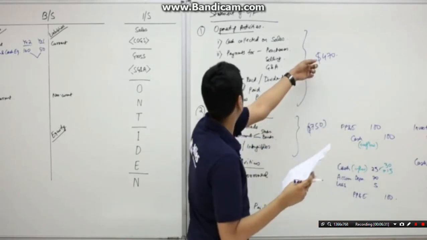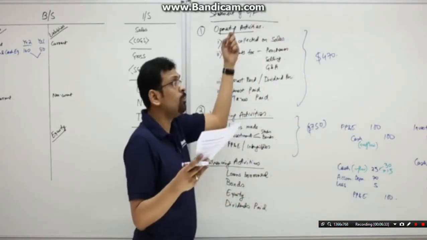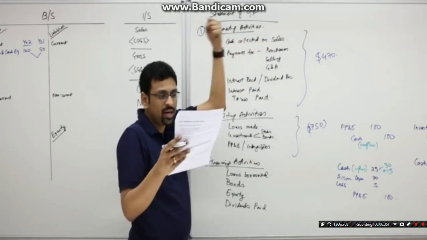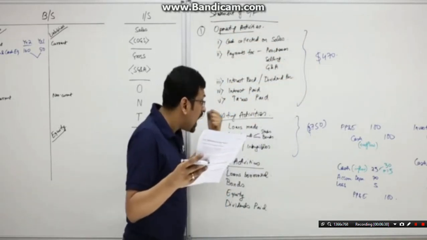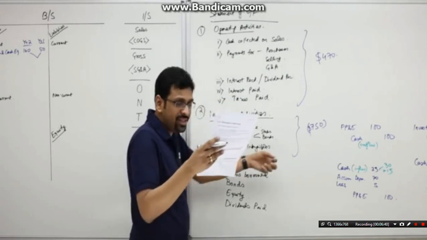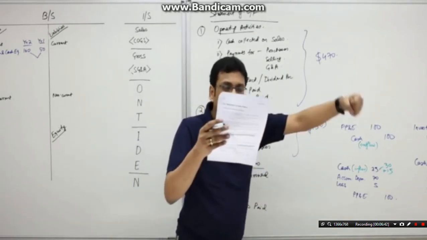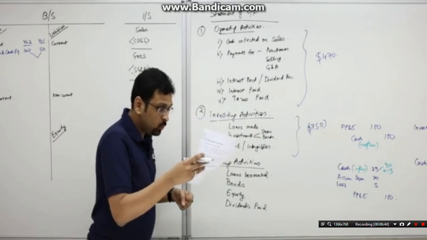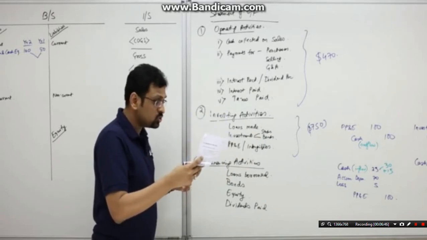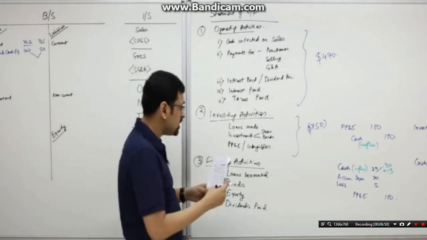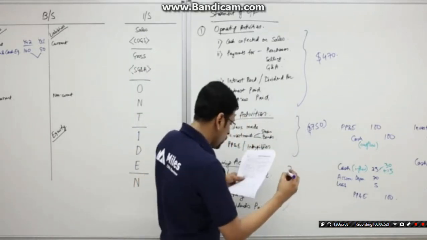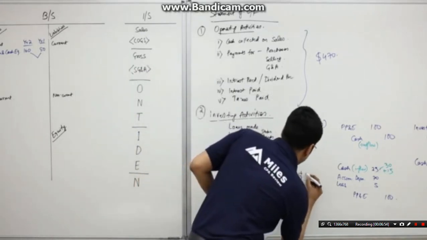So there was a net cash inflow from operating activities, basically net cash provided by operating activities, 470. Net cash outflow from all these investing activities, 750. That means cash used by investing activities. Then we also raised some money this year, so there was a net cash provided by financing activities. That means the net cash inflow from financing, and that was 390.